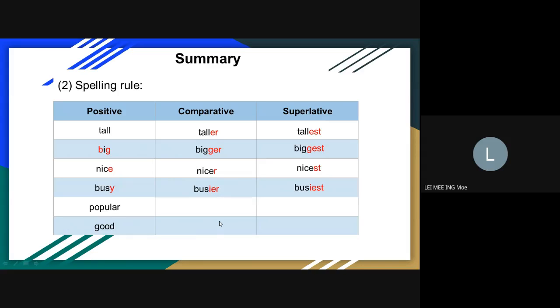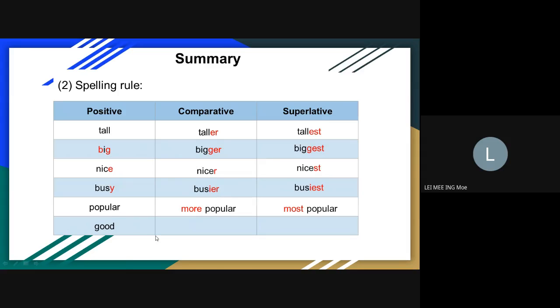Rule number 5, when we have an adjective of more than 2 syllables like popular, we add more in front of our adjective for comparative form. More popular. For superlative, we add most, the most popular.